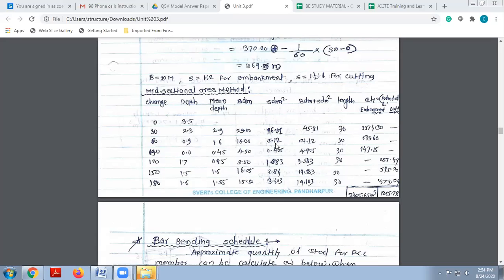Then the next column is nothing but area of the triangular portions. So for the area, we have already seen it is S into DM square. S is nothing but the side slope. Now side slope they have mentioned for the embankment as well as for the cutting portion. So you can take that value and just multiply it, and you can get the area of these triangular portions. S into DM square.